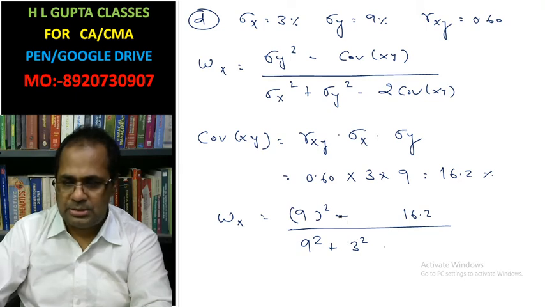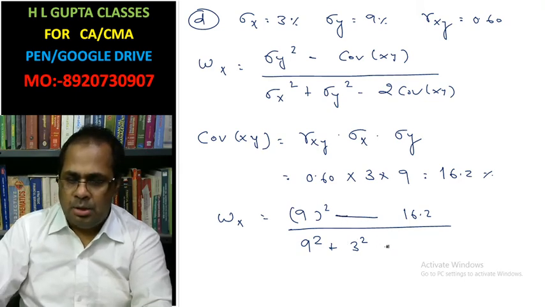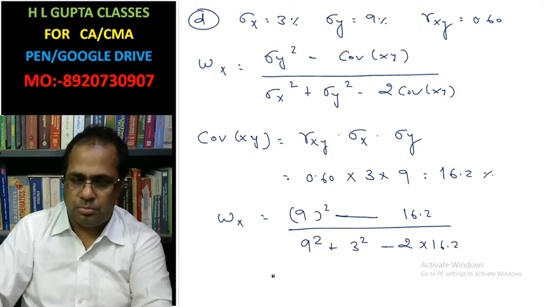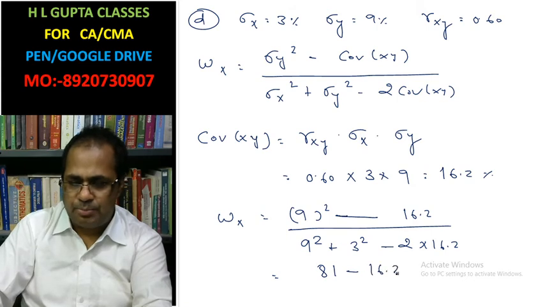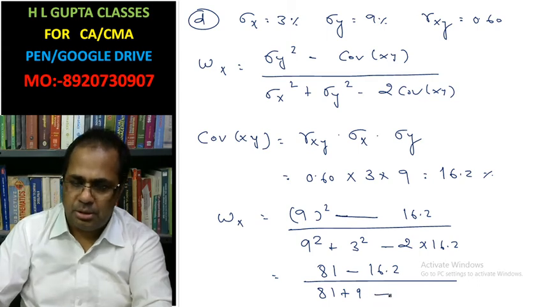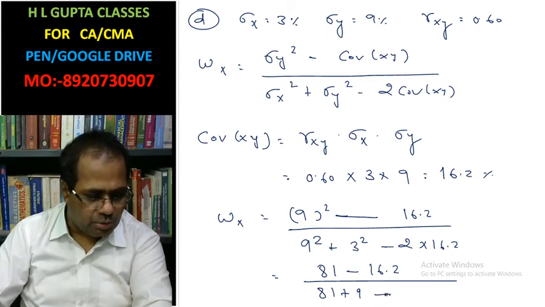Minus 2 into 16.2. This is 81 minus 16.2, whole divided by 81 plus 9 minus 32.4.